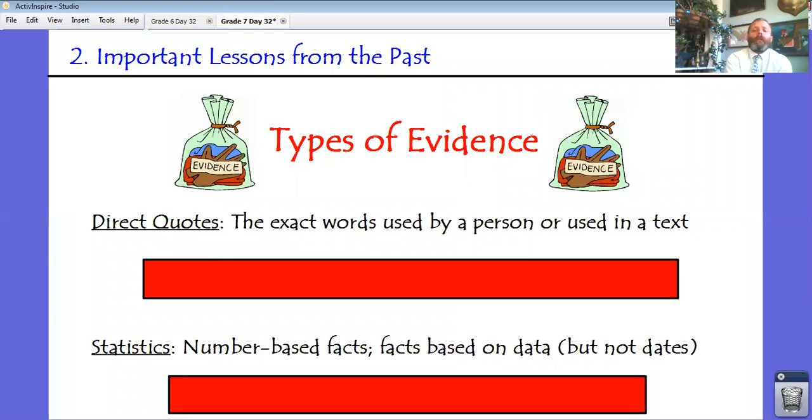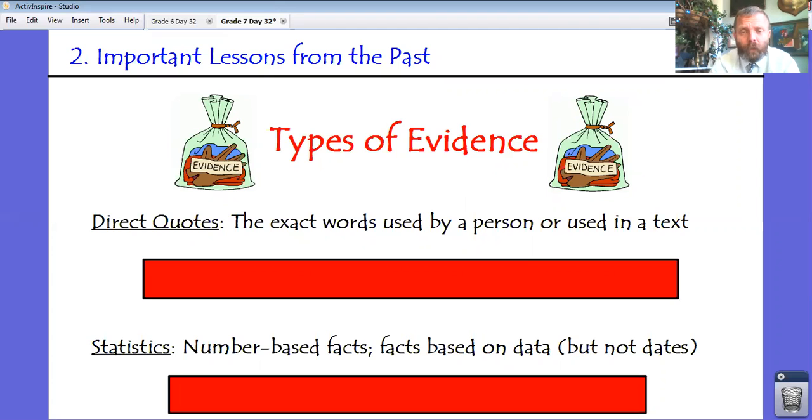The things that I want to review with you today are types of evidence to start off with. One of the things that we do in class a lot is I expect you to support your answers with evidence, and there are different types of evidence that you can use to support your claims. One type of evidence is a direct quote. This is when you are using the exact words that a person has spoken, or the exact words from a text.